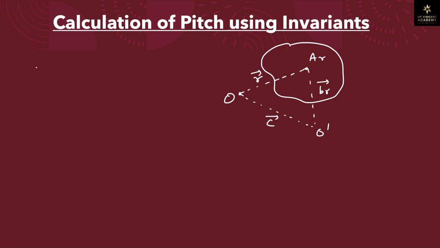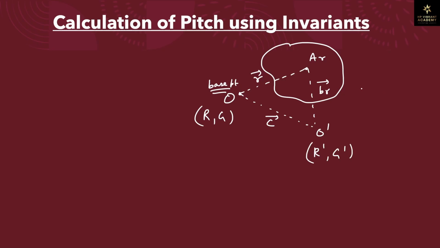Now let us consider the resultant at point O, the original base point. O dash is the changed base point. At the base point, let us take the resultant as R and the couple of moment as G. At point O dash, we have the resultant as R dash and the couple of moment as G dash.